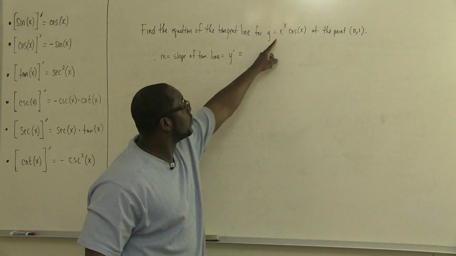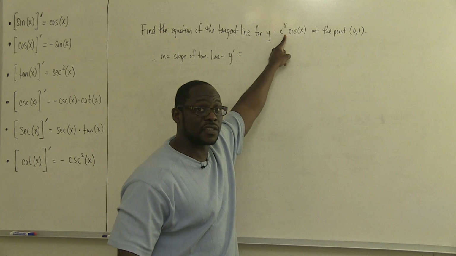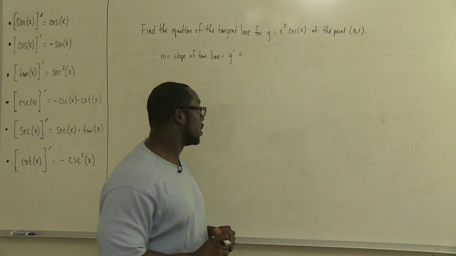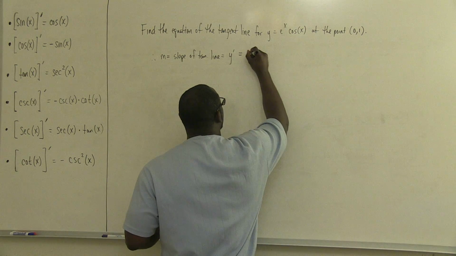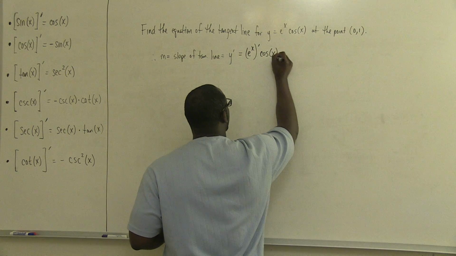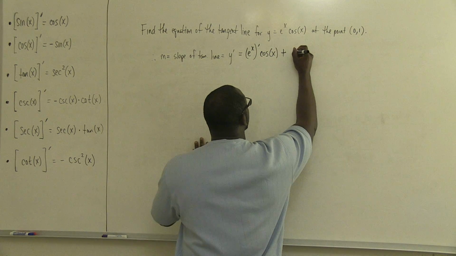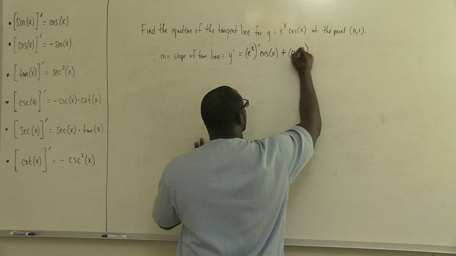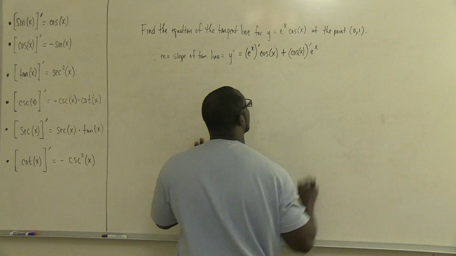And of course here we know that since we have e to the x times cosine x, we're going to be employing the product rule again. So derivative of the first function e to the x times cosine x plus derivative of the second function times the first.